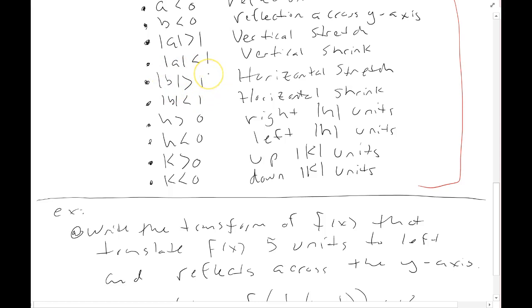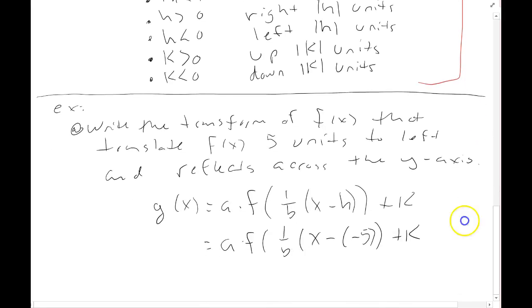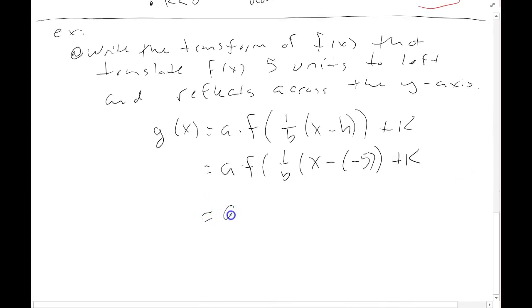I'm sorry, let me try this again. There's only one number where the absolute value of b is not greater than 1, and also the absolute value of b is not less than 1. That number is specifically 1. So that tells me that the b value is -1. Okay.